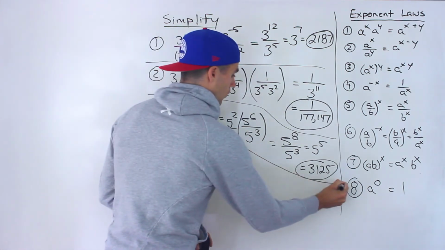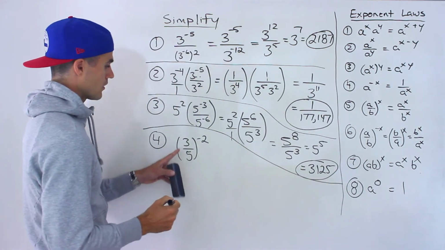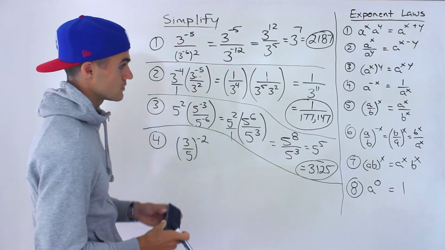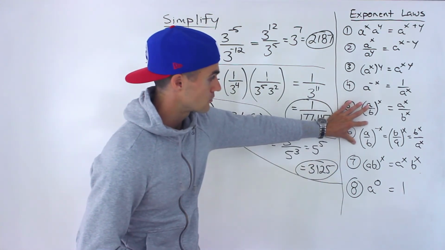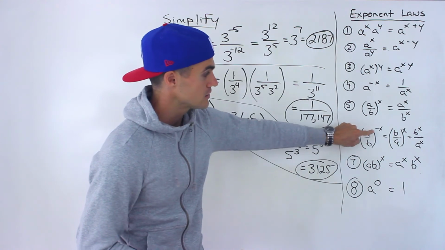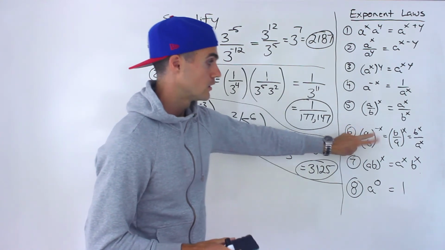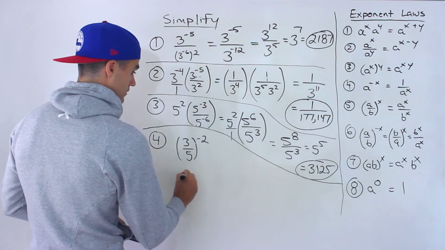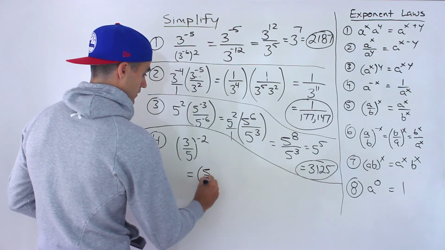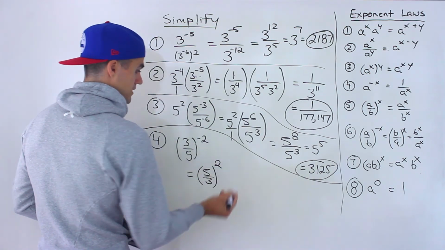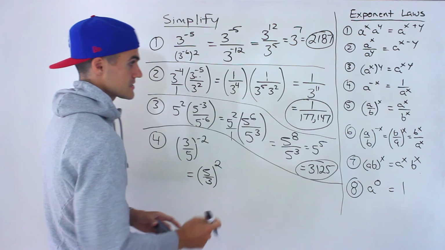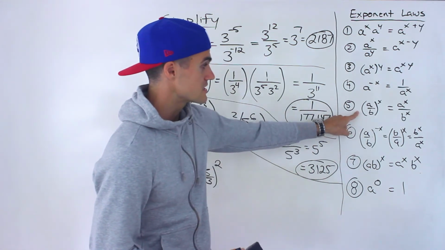And then number 4, 3 over 5 to the power negative 2. Notice that that is right here. So a fraction to a negative exponent, we flip the fraction, and then that exponent turns positive. And then at this step, we can use this law over here.